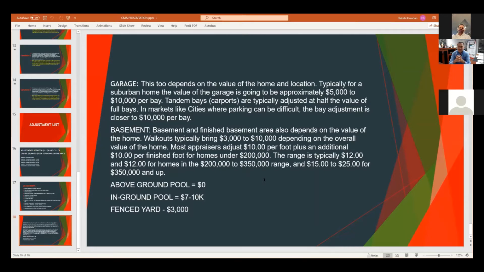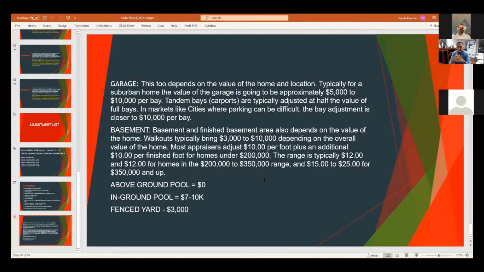The appraiser sees that as an $8,000 addition to your valuation. For homes under $200,000 the range is typically $12 to $20 in homes in the $200,000 to $300,000 range, and $15 to $25 for $350,000 and up.